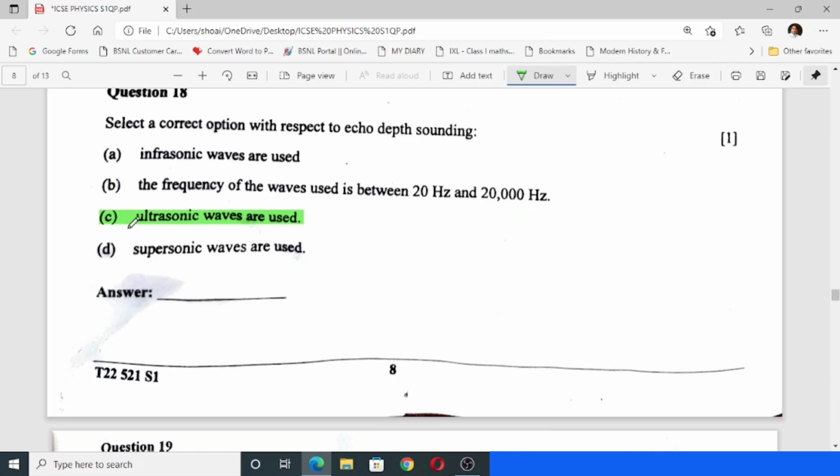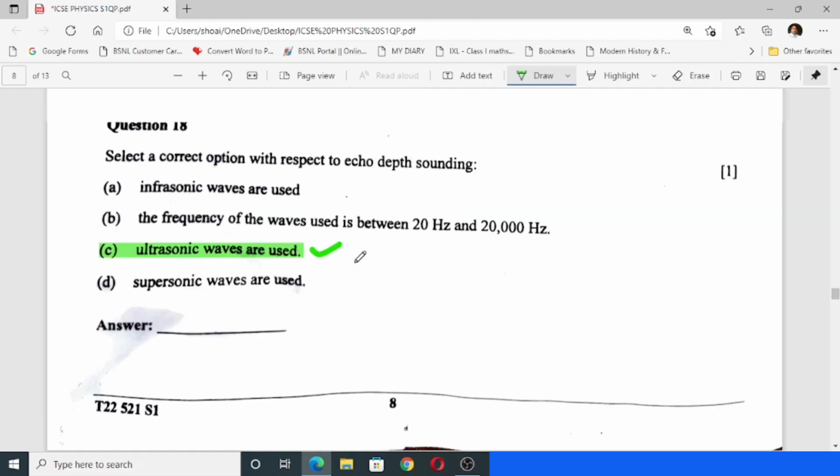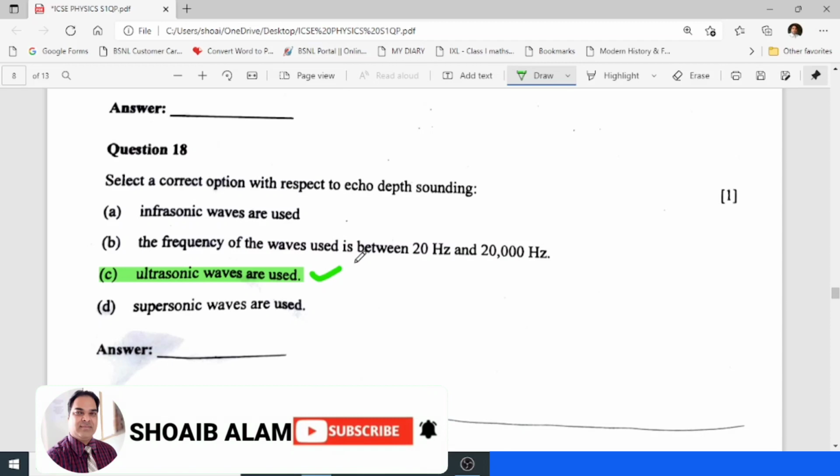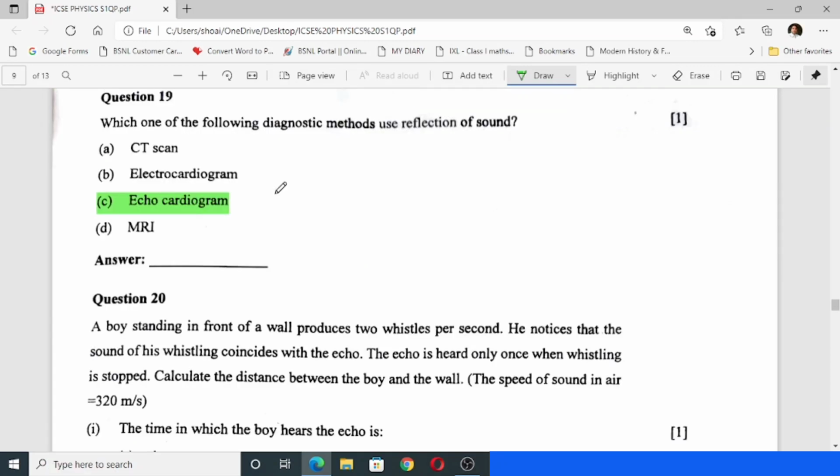The answer is C, ultrasonic waves are used. Which one of the following diagnostic methods uses reflection of sound? Answer is echocardiogram. C is the correct answer.